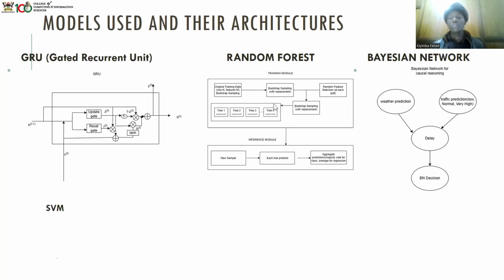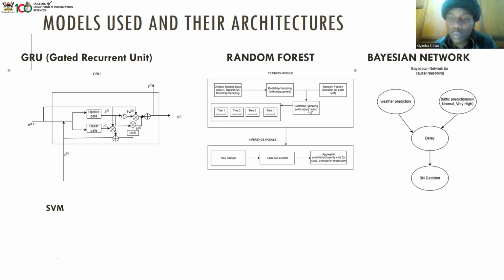With the random forest classifier, what we did was that we also subjected it to both types of data, the weather and traffic data, just like the GRU. So how this works is that you have the original training data, you make some bootstrap sampling, and also get random features from random feature selection.